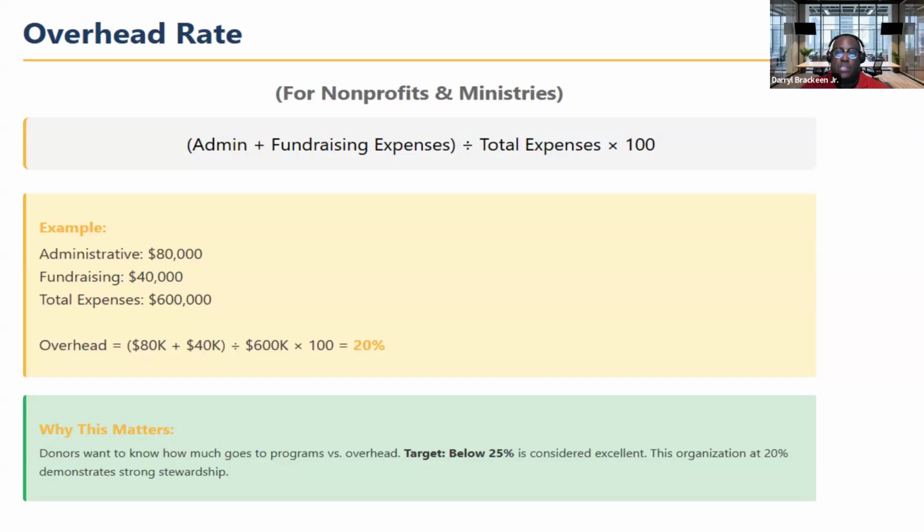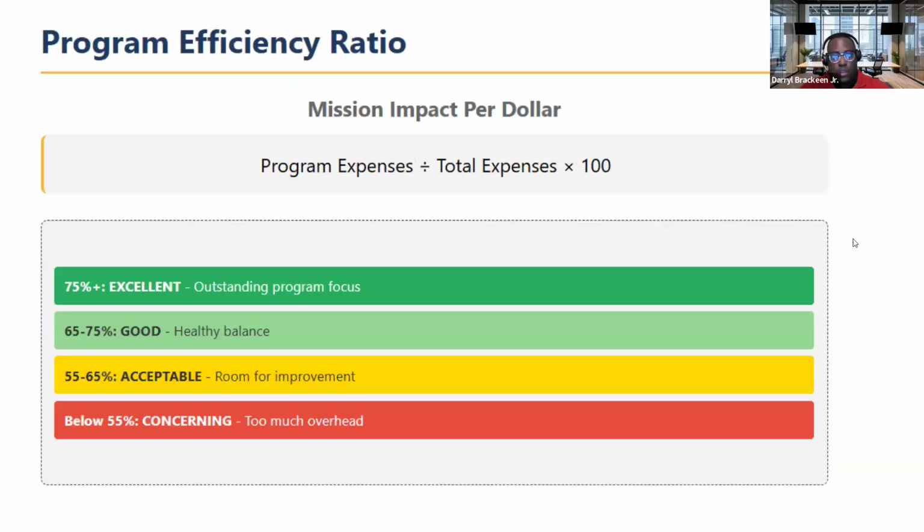So if it's below, that means you are in a great situation. Okay, so now we move on to the program efficiency formula and ratio. Again, it's in the packet. You don't need to memorize this, but if you are trying to measure what your mission impact is per dollar, you'll need to use this formula as a nonprofit organization.